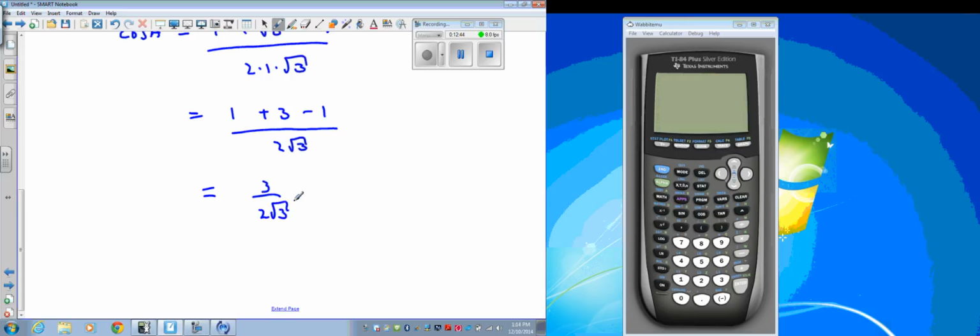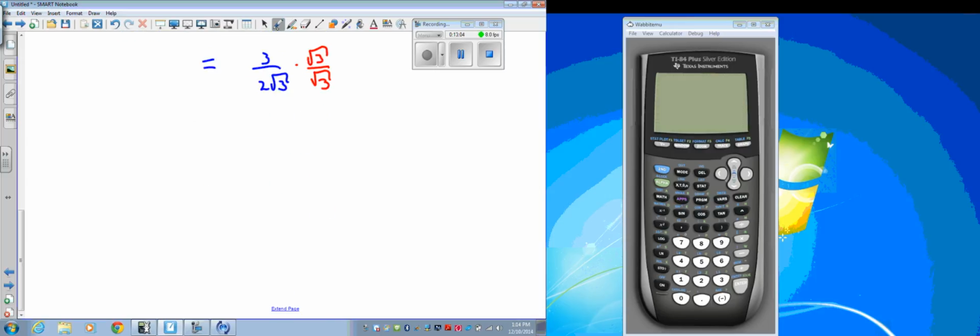Now I don't have to rationalize the denominator. I guess I could, because if we rationalize this, we could do it without the calculator, right? We rationalize this denominator. And this becomes 3 square root of 3 over 2 times 3, and the 3's cancel.